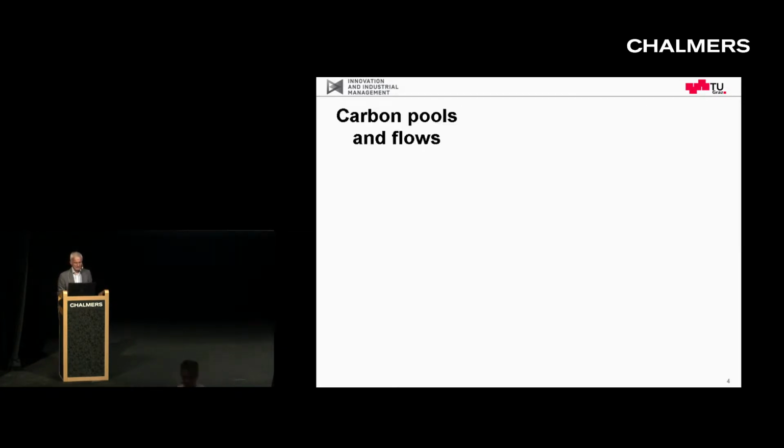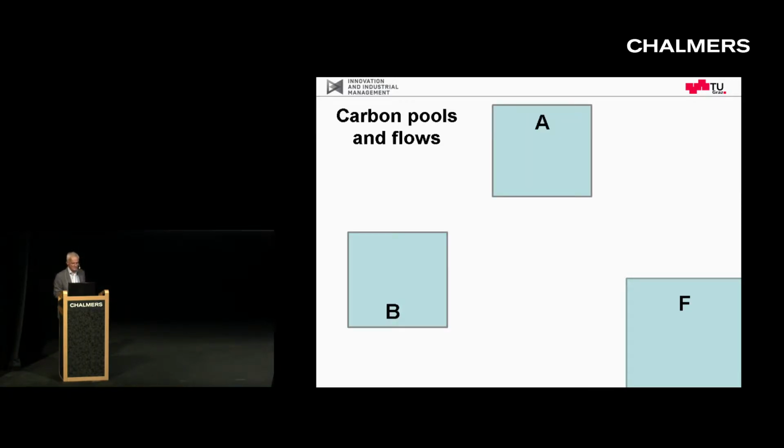Okay, what are we talking about in terms of carbon pools and flows? We have the fossil pool, we have the atmosphere, we have the biospheric carbon, and as I already mentioned, part of that is production forest. And then we have something that is empty at this point, that is permanent storage area or volume.